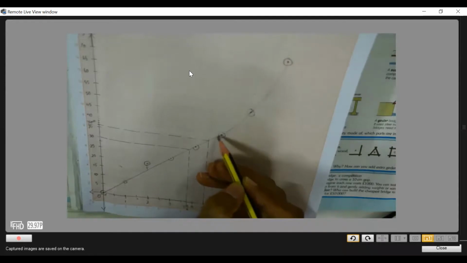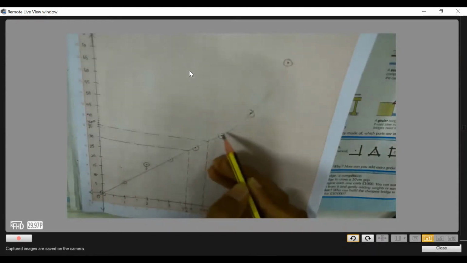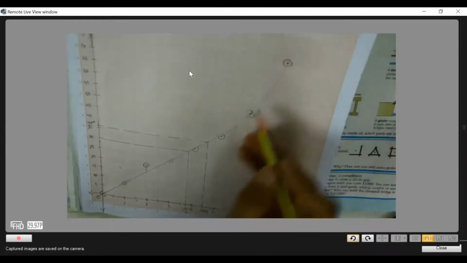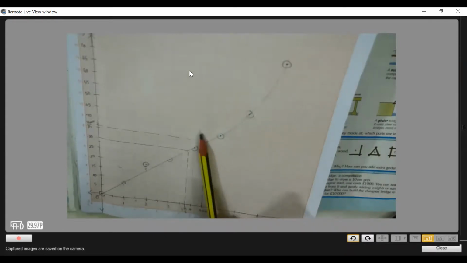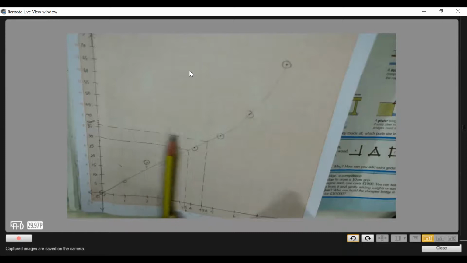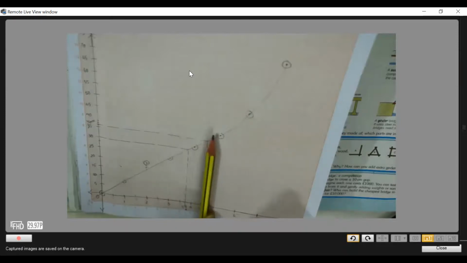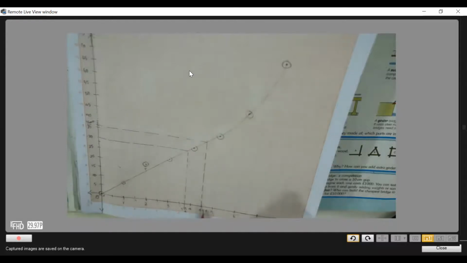So now I have curves. I have a straight line till here, then it's a curve. So this is the elastic limit. It is still here that the balance is following Hooke's law, only till 5 Newton.